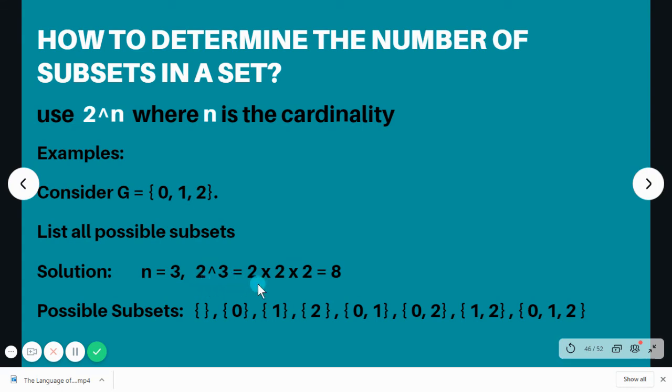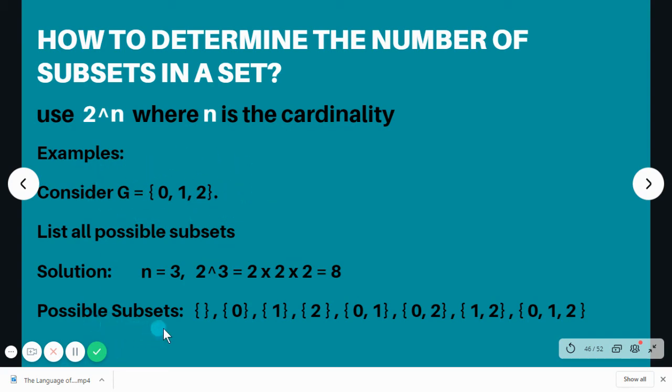Kaya kung mapapansin nyo dito, meron tayong tatlong 2. So, 2 times 2 times 2, the answer is 8. So, ibig sabihin, pwede kang makabuo ng 8 subset gamit ang set na ito. Yes, 8 subset ang mabubuo mo using this set.